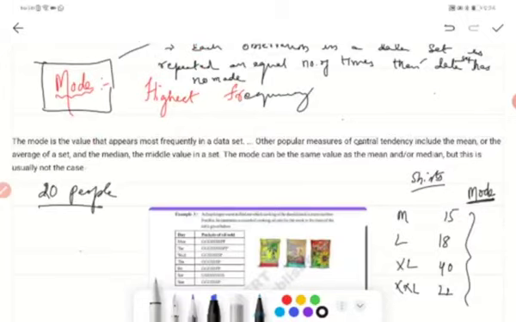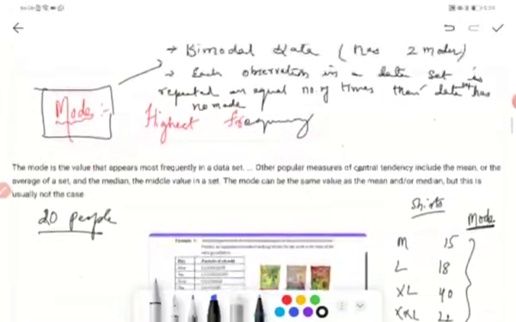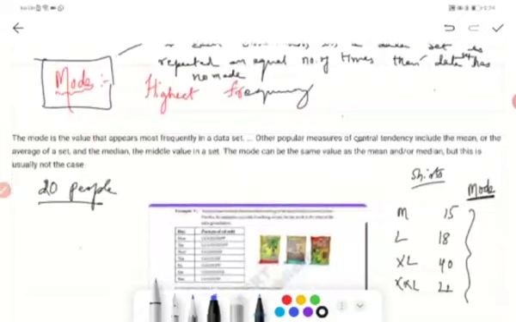You cannot go for such a calculation of how much they will eat maximum and how much they will eat minimum. So we generally purchase based on the overall average. So you cannot go for the mode in this kind of scenario, isn't it?